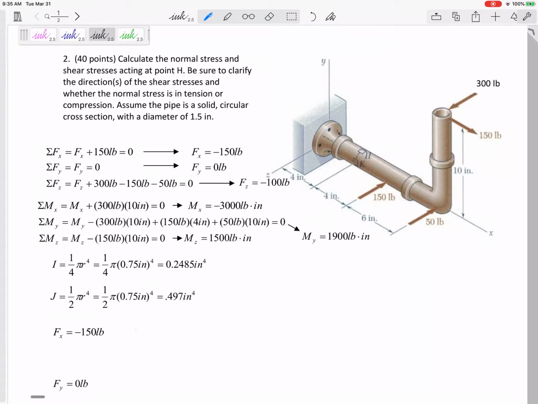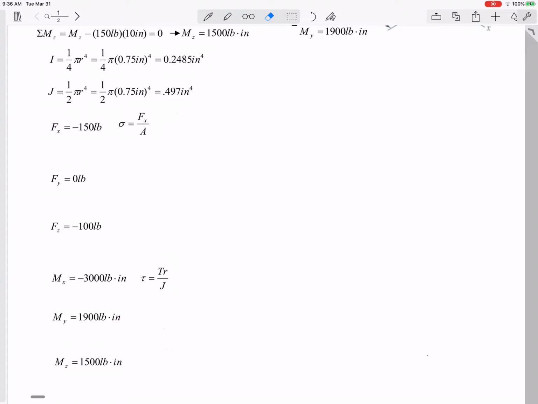So here's my cut right here. I like to start with the axial Fx and the torsional moment, Mx, right? This Fx could create an N over A. This Mx could create a TR over J, whereas these other forces are the VQ over IT.